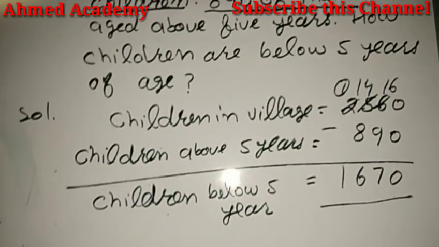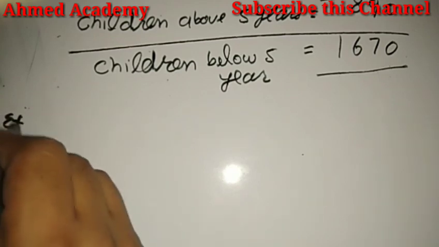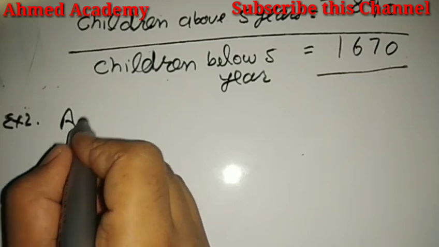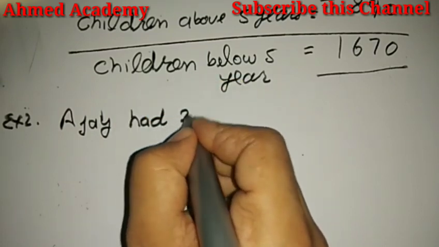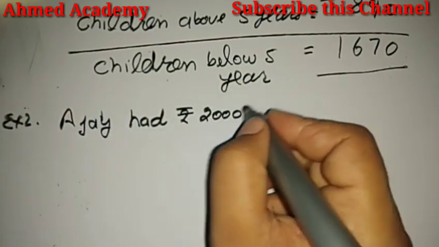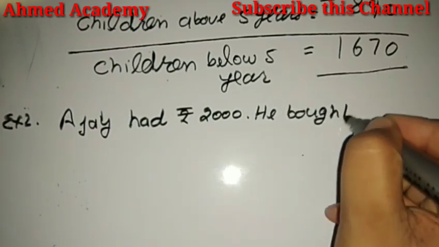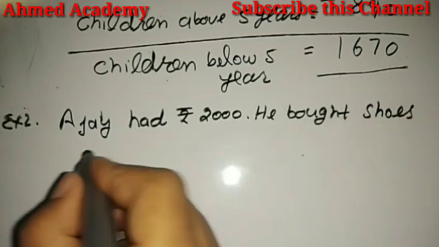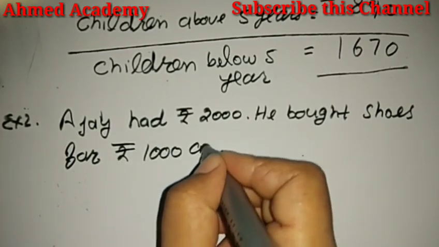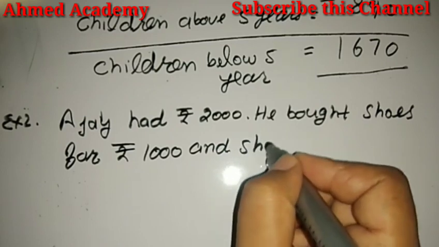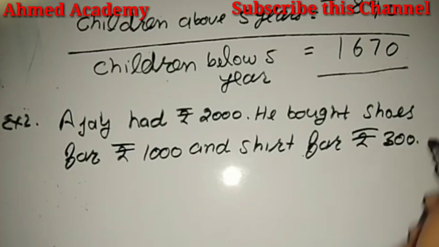Let us take one more example to understand this topic clearly. So example number 2. Ajay had rupees 2,000. He bought shoes for rupees 1,000 and a shirt for rupees 300.